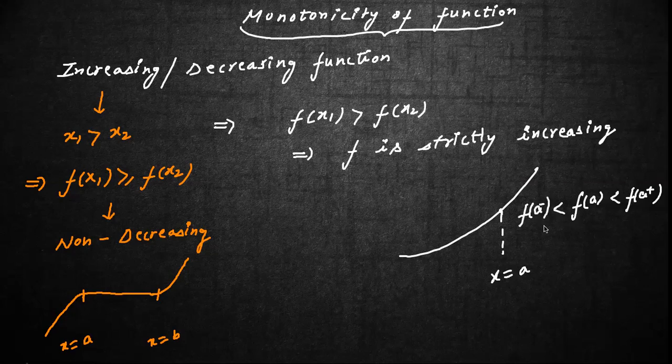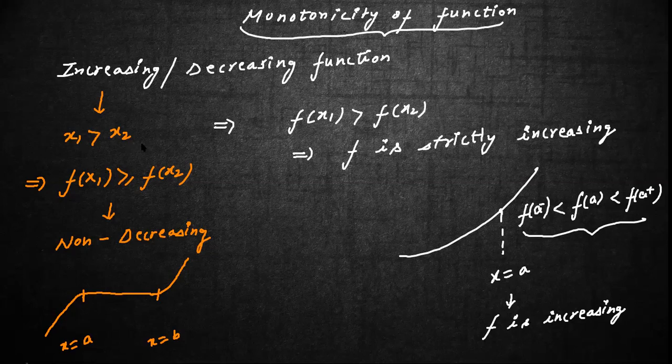So a plus and a minus indicate just greater than a and just less than a. A minus means just less than a. So we say that at this point x equal to a, f is increasing. So we have now seen that we can discuss whether the function is increasing at a particular point and in the entire domain also.